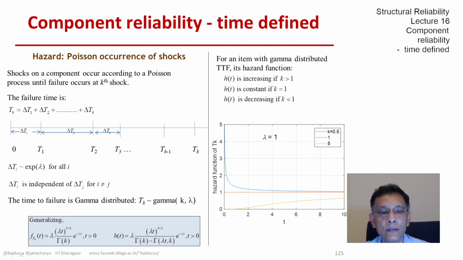When it's greater than 1, the example here you see is 5, so it's an increasing function. When k is less than 1, it's a decreasing function, and as I said, when k is equal to 1, we are left with an exponential time to failure, and it's a constant function.